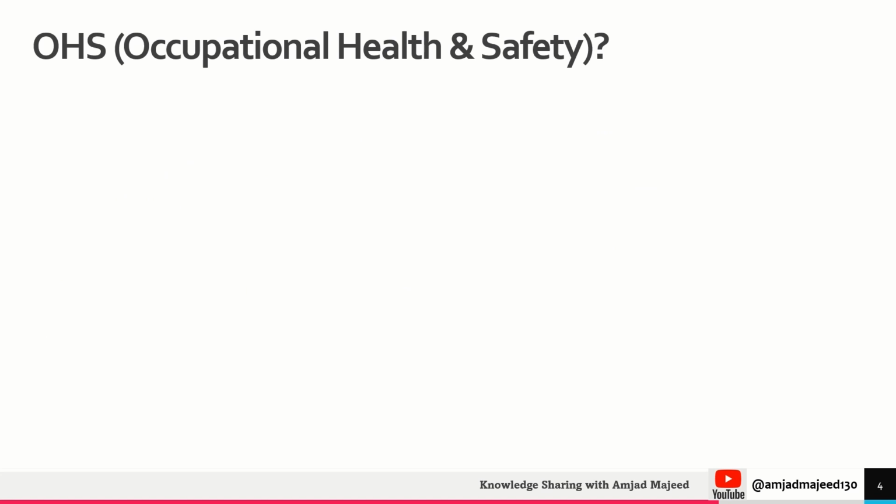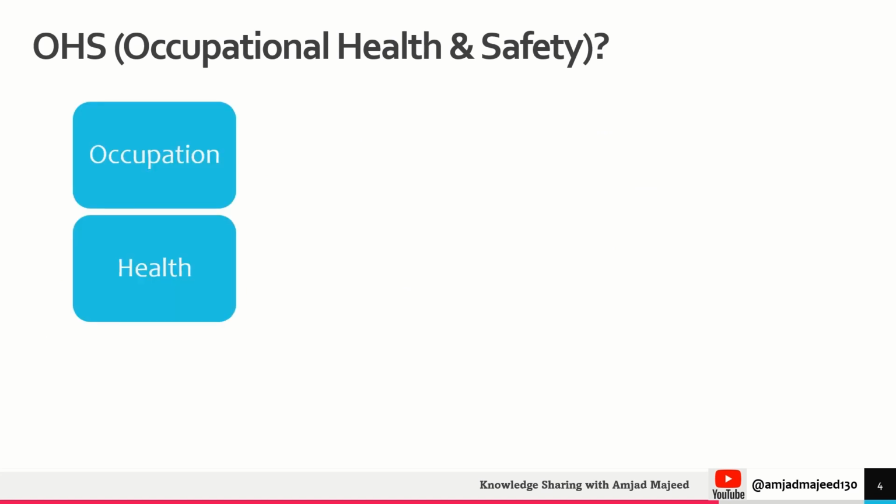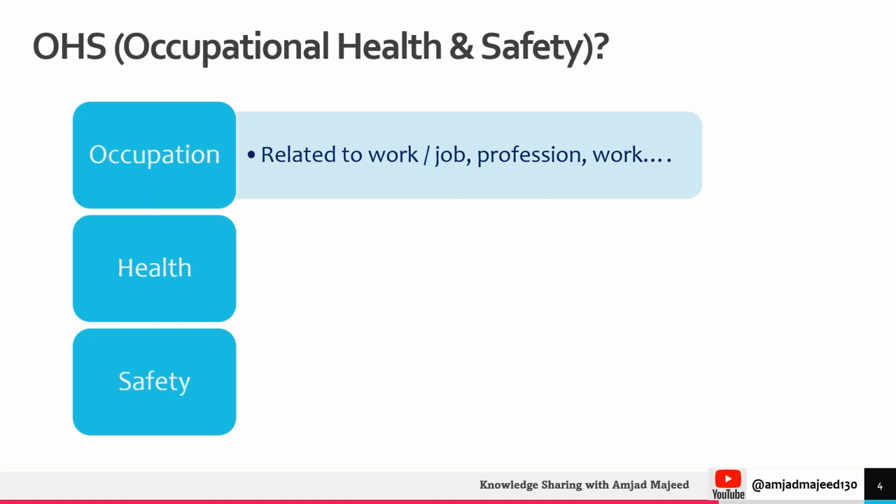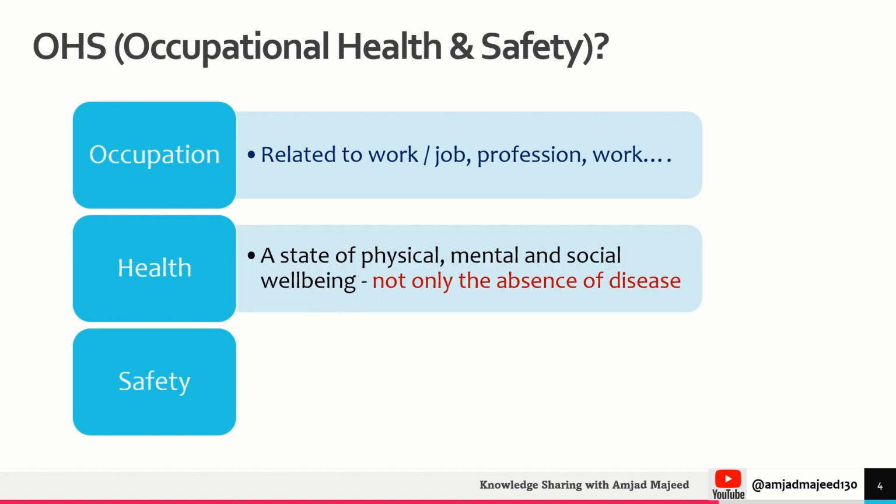Occupational health and safety: what does that mean? What is the meaning of occupation? Any work which you do, your profession or the job which you do, is called the occupation. Health is simply the state of your physical or mental condition.